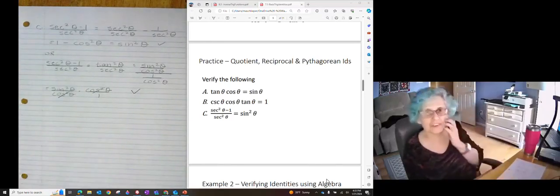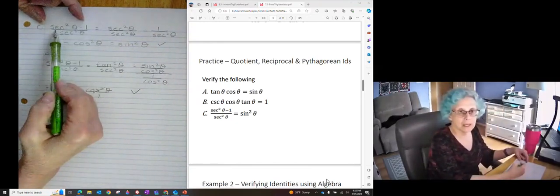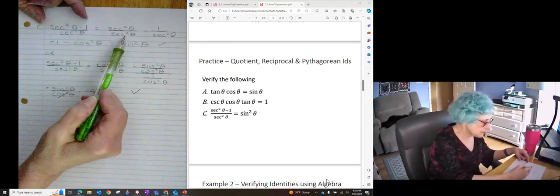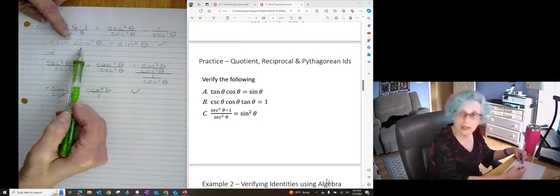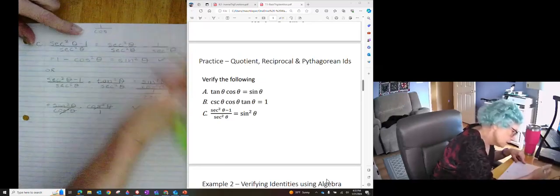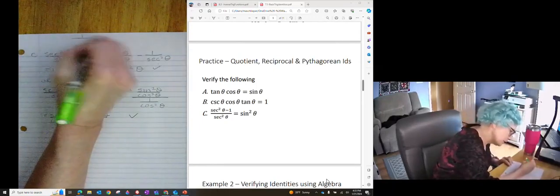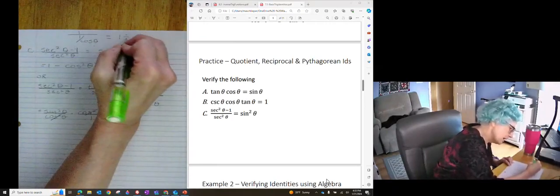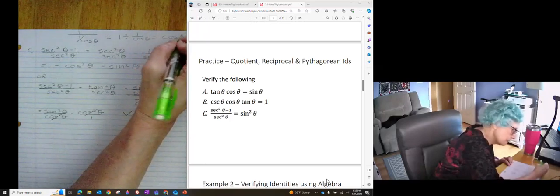Maybe you came up with another way, but the first one I thought of was just dividing it into 2 pieces, because I have secant squared minus 1 over secant squared. So secant squared over secant squared is 1, and 1 over secant squared is cosine squared, because secant is 1 over cosine, so 1 over secant is 1 divided by 1 over cosine, which is just equal to cosine.